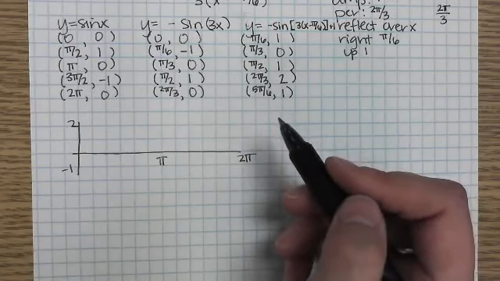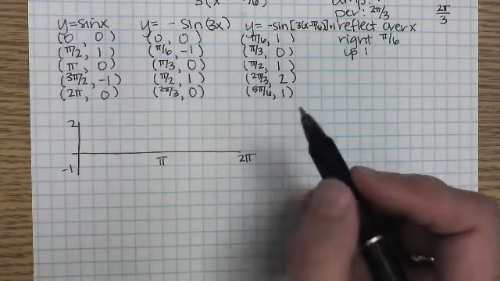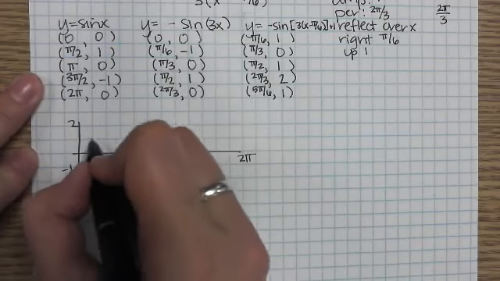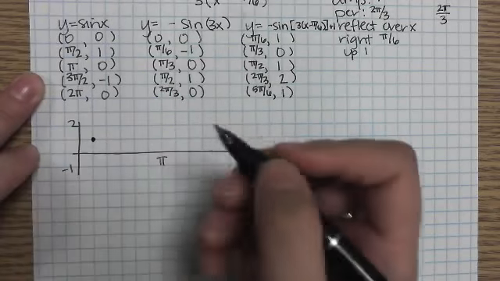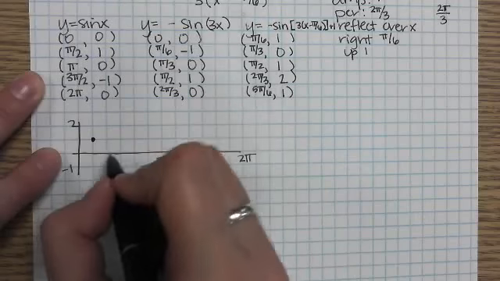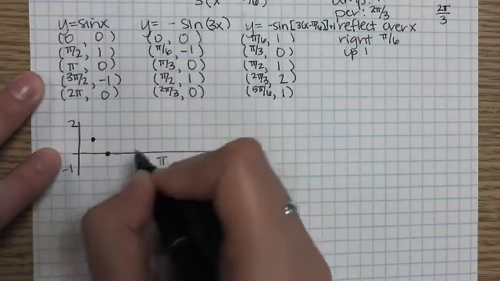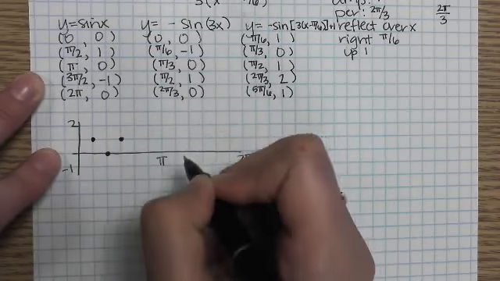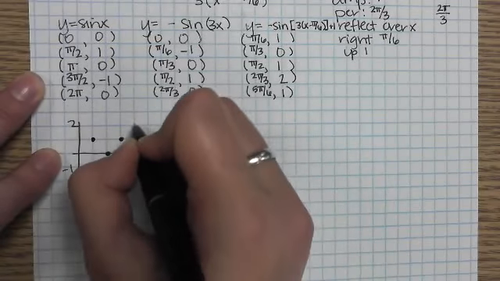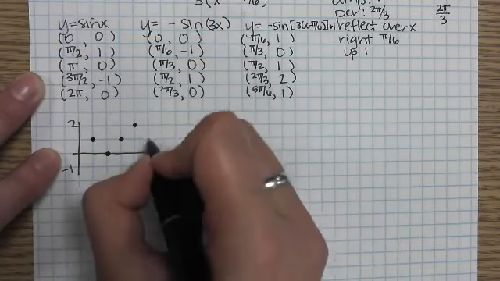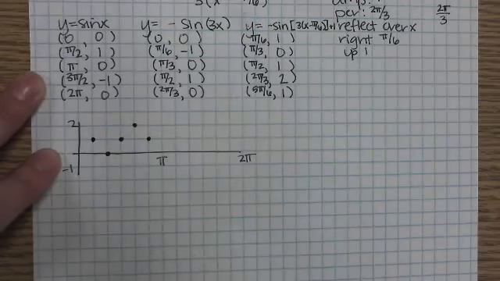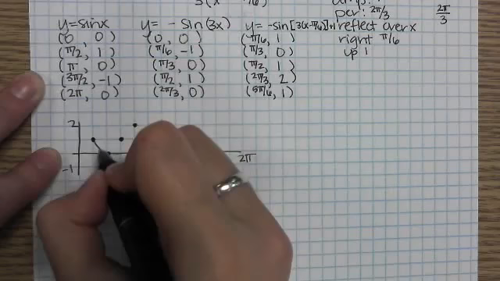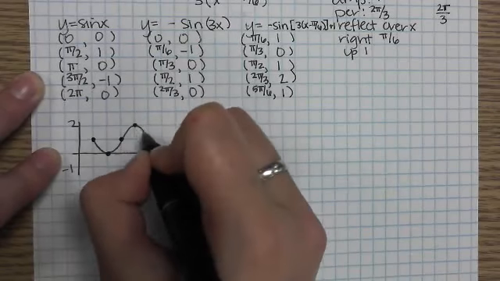Okay, so pi 6 is up at 1. Pi thirds is at 0. Pi halves is at 1. 2 pi thirds is at 2. And then 5 pi 6 is at 1. So there is our shape right there. And then we're just going to continue that shape again.